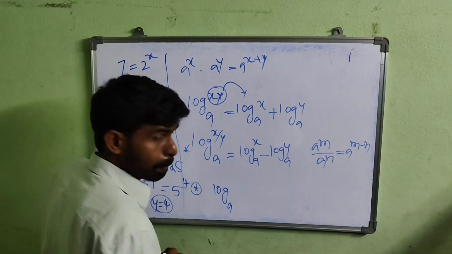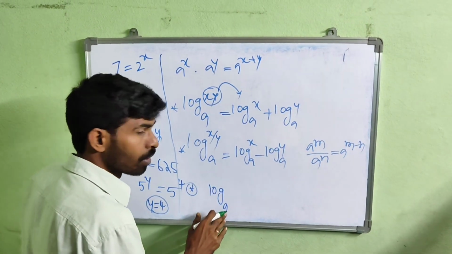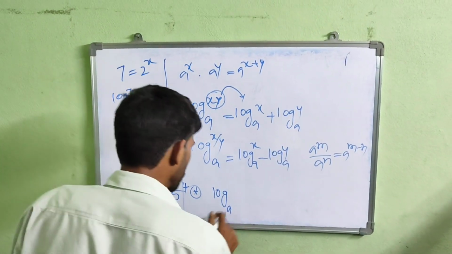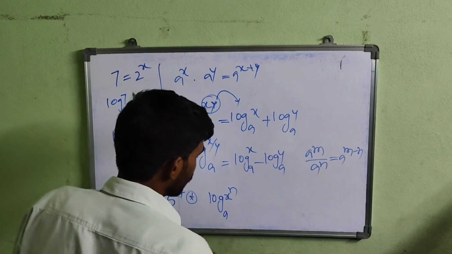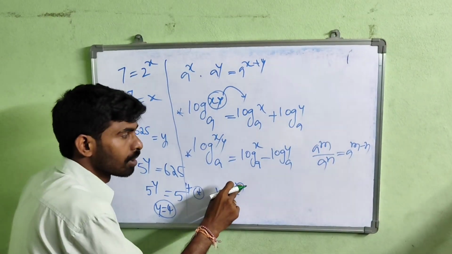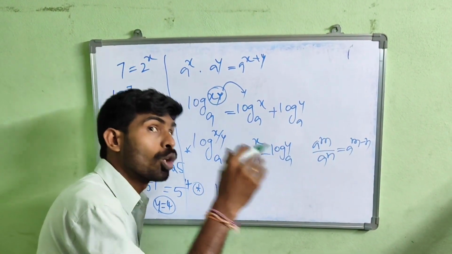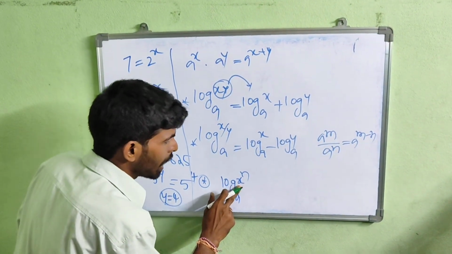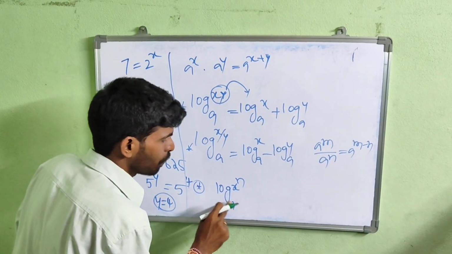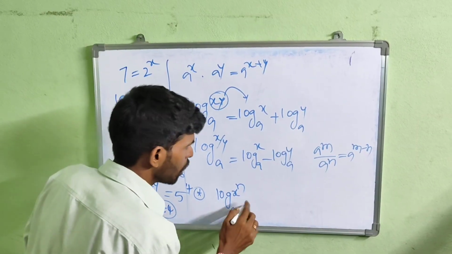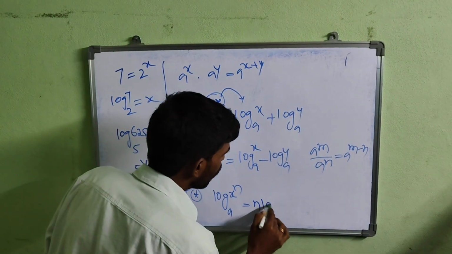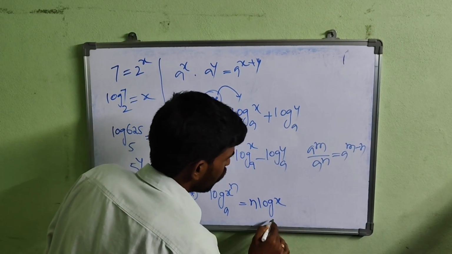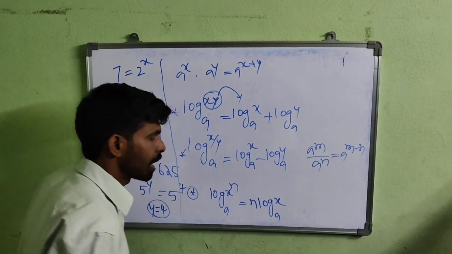Log of a, log of x power n, for example. Same like that, a power m whole power n means a power mn. Same like that, log of x power n to the base a is n log of x to the base a.